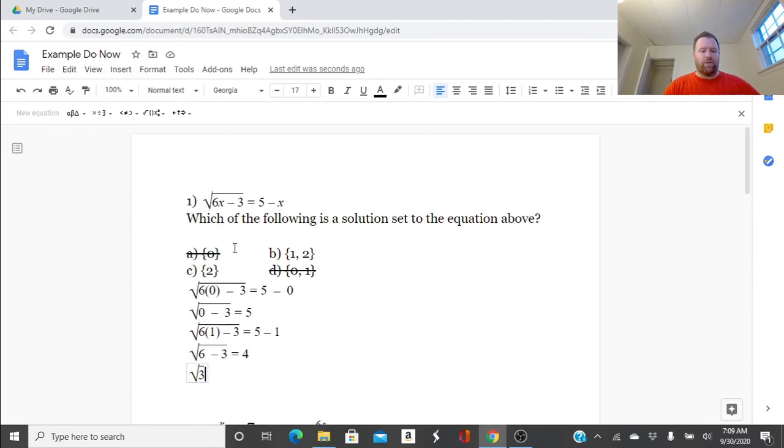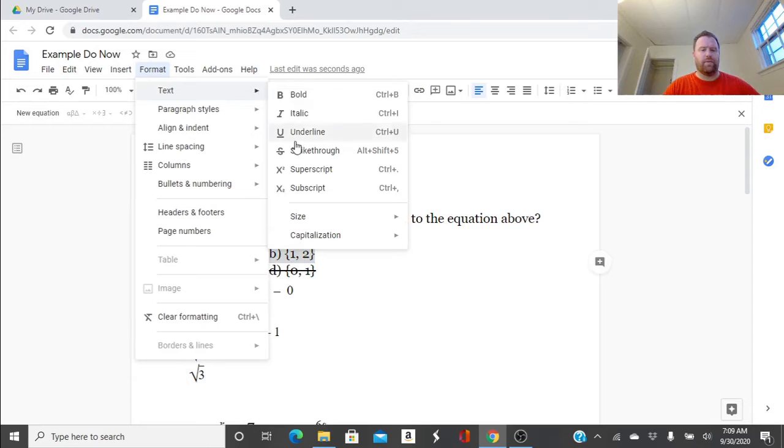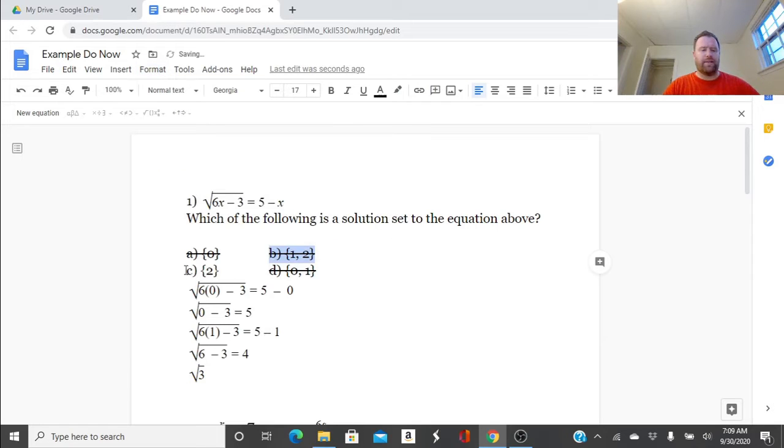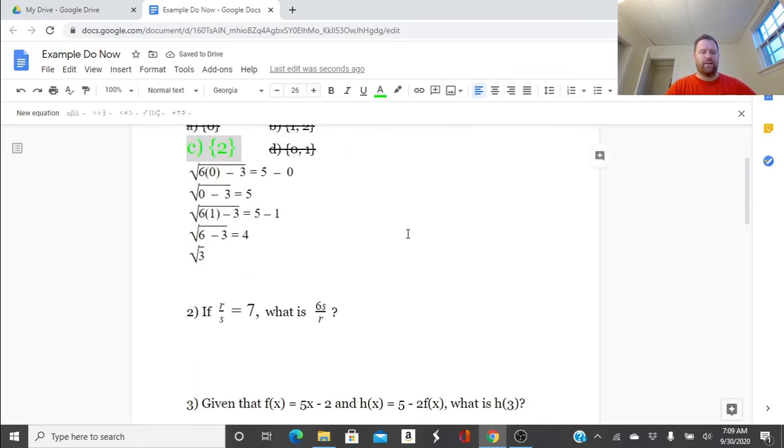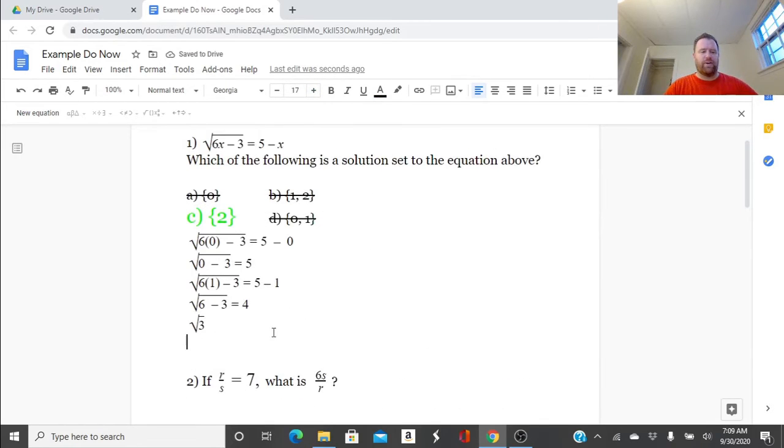So that's not going to equal the whole number 4. So number 1 is out. And that means that C is our solution. So C works, okay? So let's go on to the next one now.